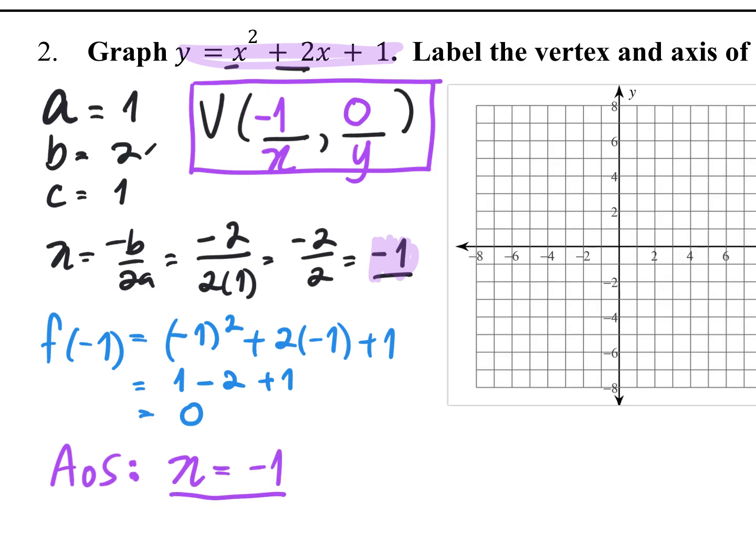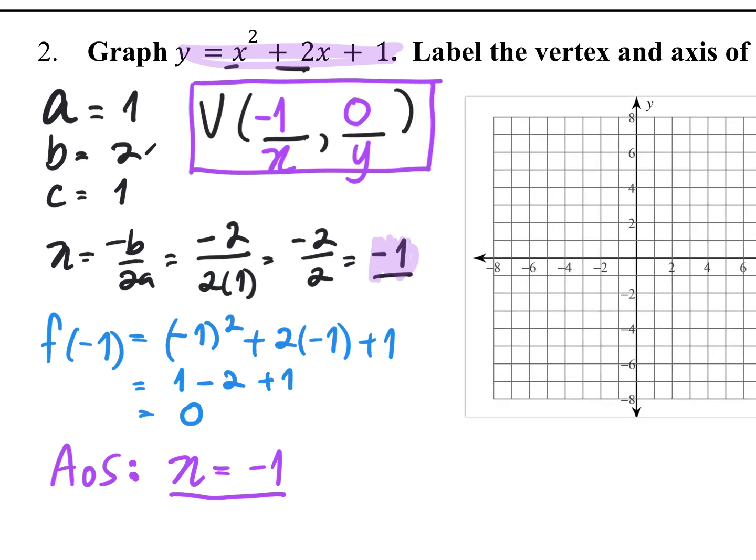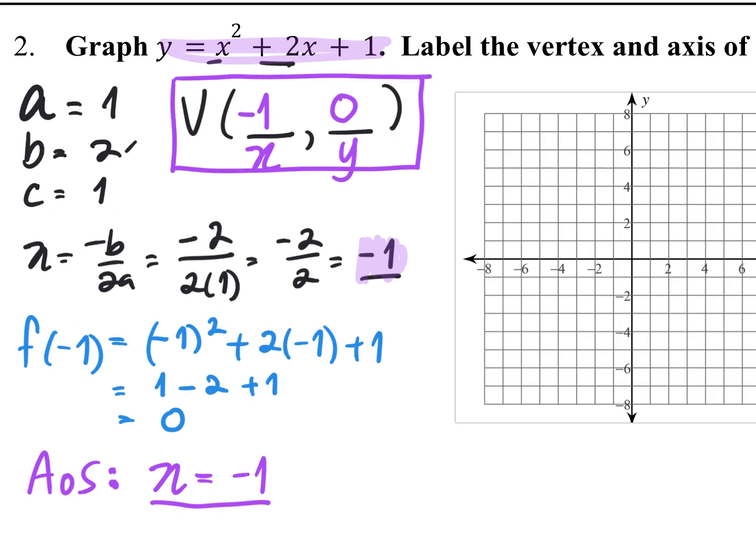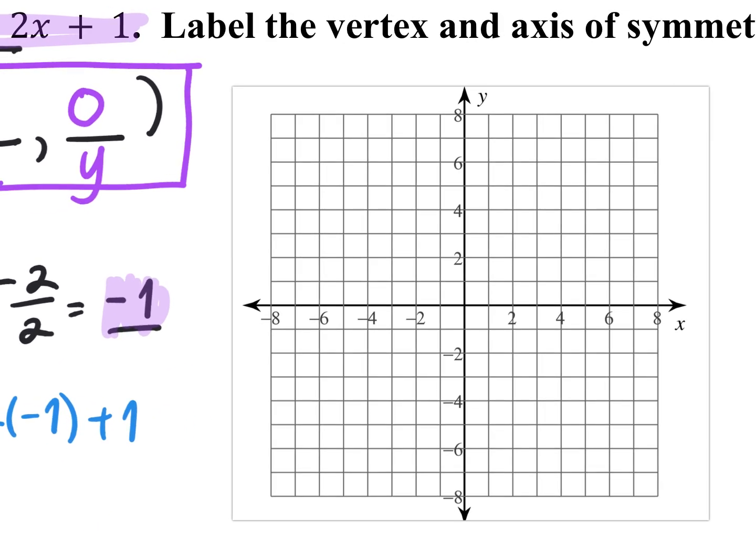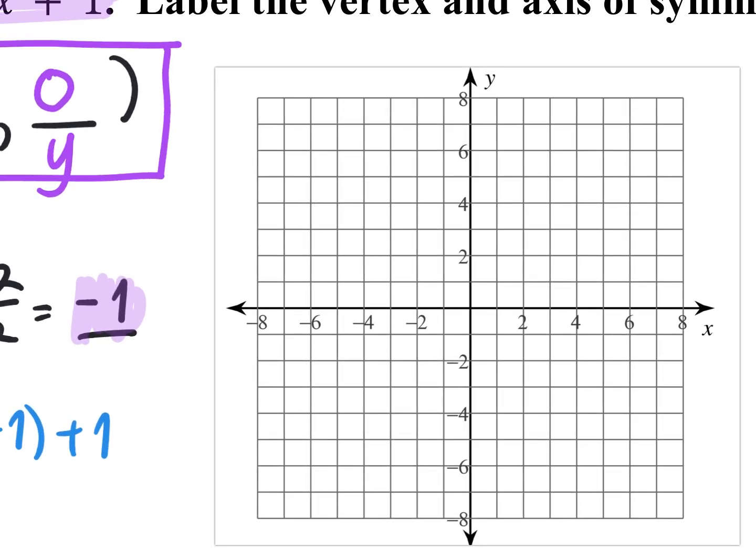Okay, so let's graph our function. So first we're going to look at our vertex, which is located at negative 1, 0. Okay, where is my negative 1, 0? My negative 1, 0 is actually located in here. This is negative 1, 0. Okay, so this is our vertex.